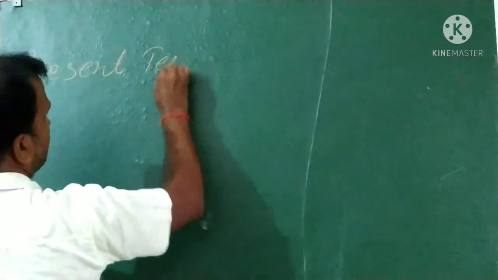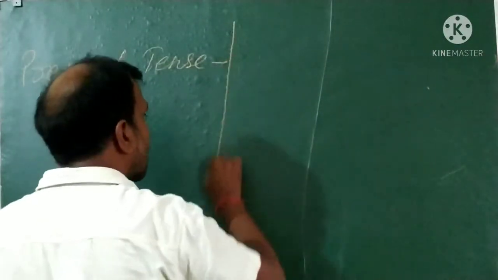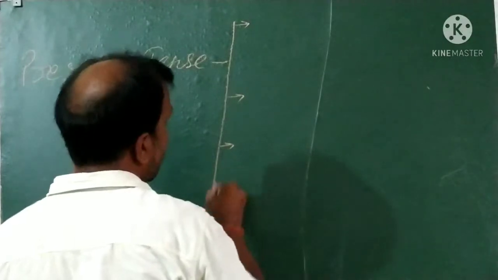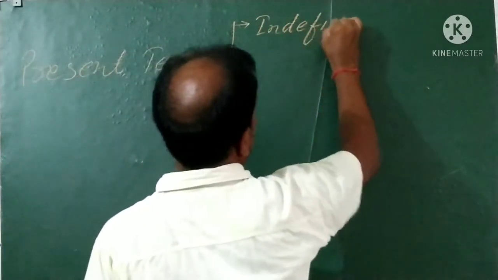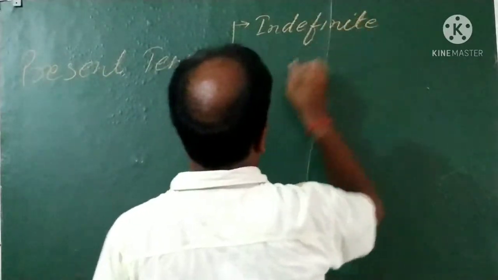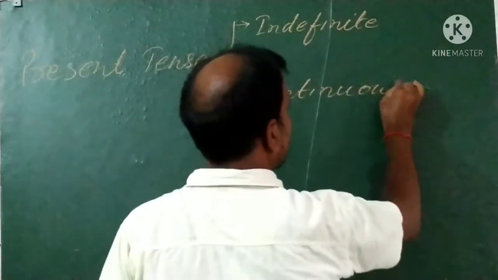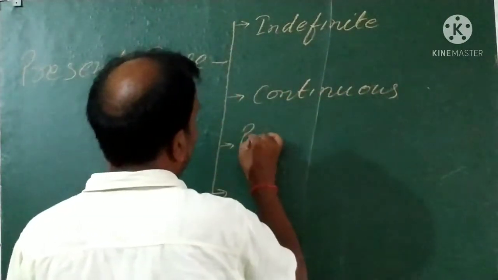Present tense is divided into 4 types. First is indefinite. The second is continuous. Third, perfect.